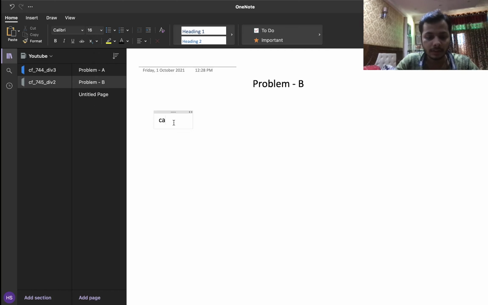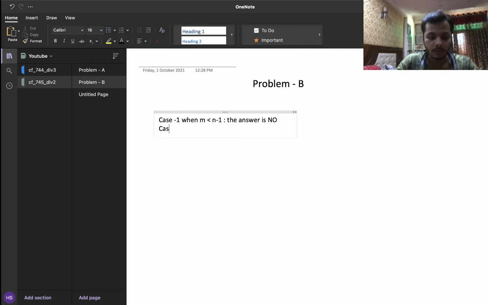So the first case is when m is less than n minus 1. Now we know that a tree has n minus 1 edges, and using less than n minus 1 edges we can never get a connected graph. So the answer is no.